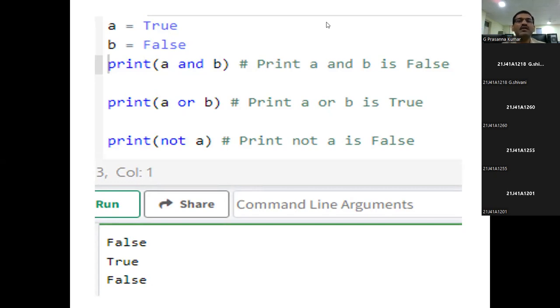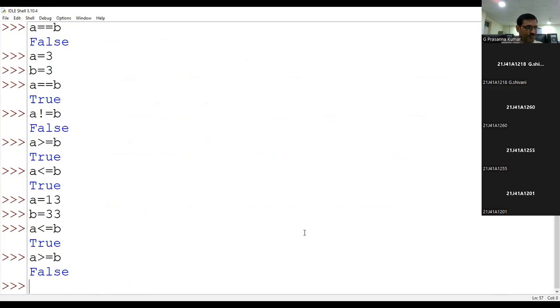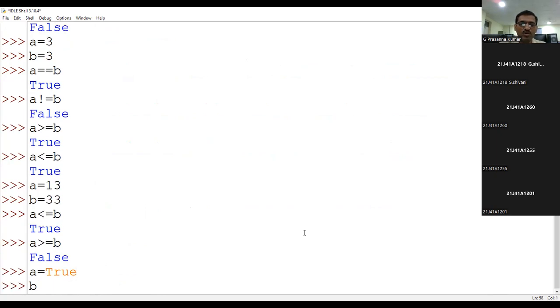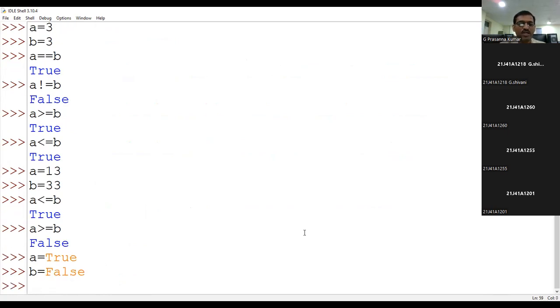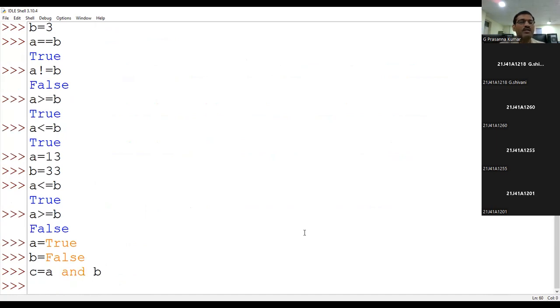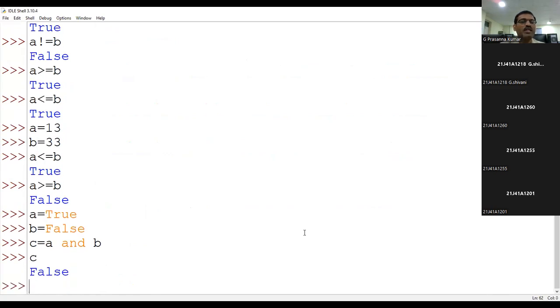For example, A equal to capital T, TRUE, true, B equal to FALSE, false. Then if you take C equal to A and B, then if you enter C, automatically it is false.